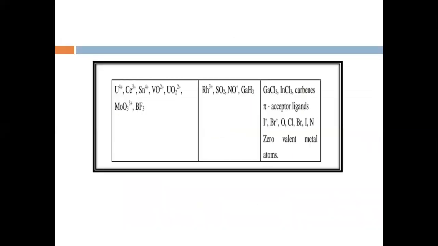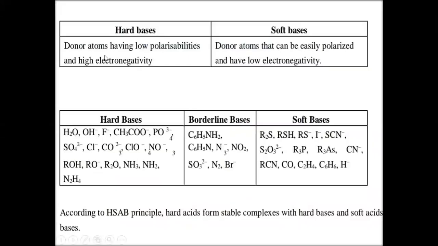These have negative oxidation states. Donor atoms having low polarizability, high electronegativity, small size, and negative oxidation state are called hard bases or type A or class A ligands.